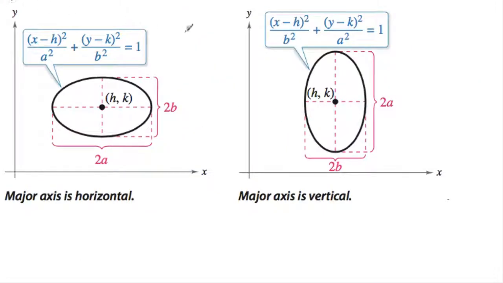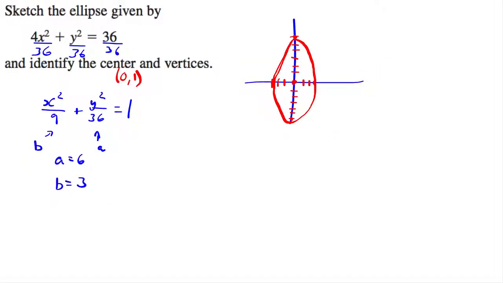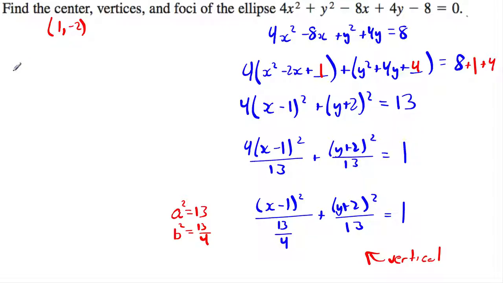And so what we need to do is figure out where these vertices are going to be. We're just going to add A to the y value and subtract A. So the vertices along the major axis are going to be 1 comma negative 2 plus the square root of 13, and then 1 comma negative 2 minus the square root of 13, because we have to add and subtract A.